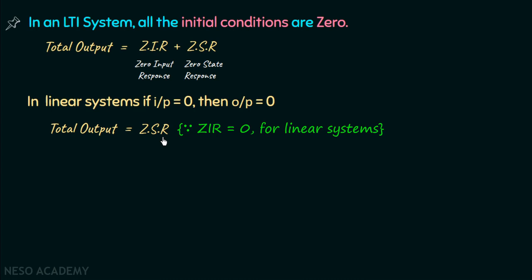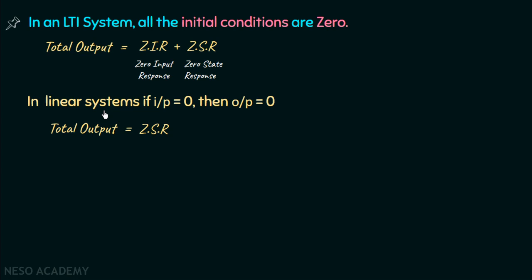It means that whenever we give the input to the linear systems, then only the output will come into the picture. Now suppose the initial conditions are not 0, then in that case the zero input response will come into the picture, and if the input is equal to 0, then the output will not be equal to 0. And if the input is equal to 0 and output is not equal to 0, then the system will not be a linear system.